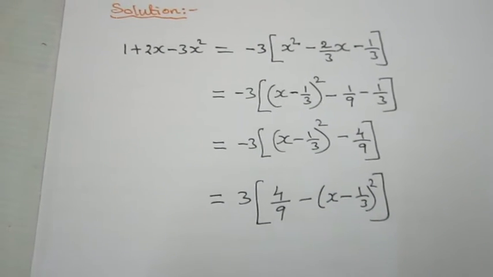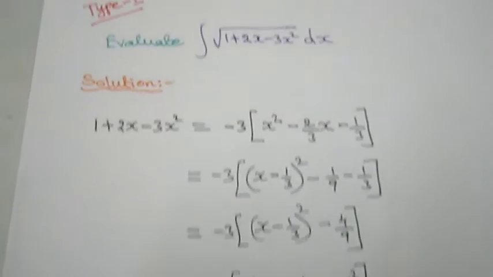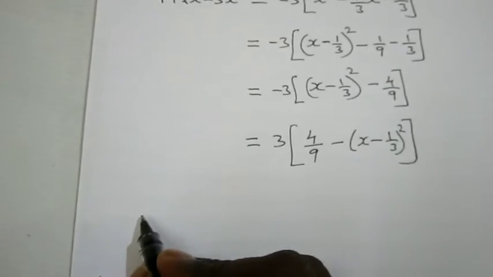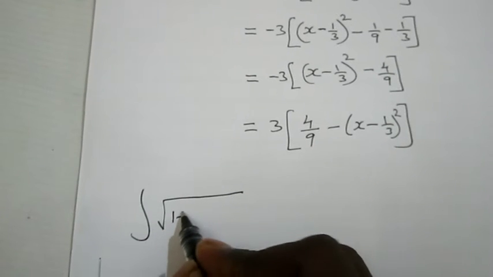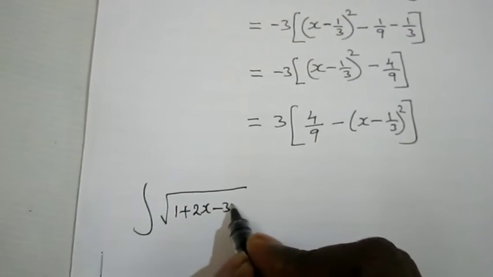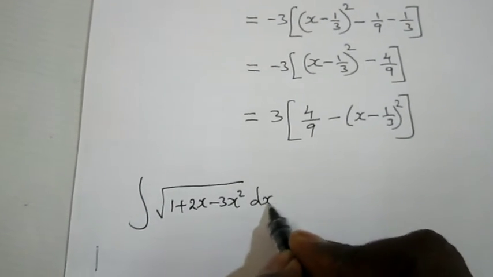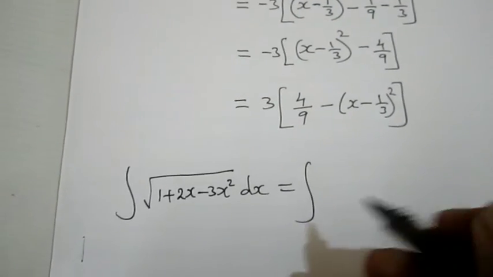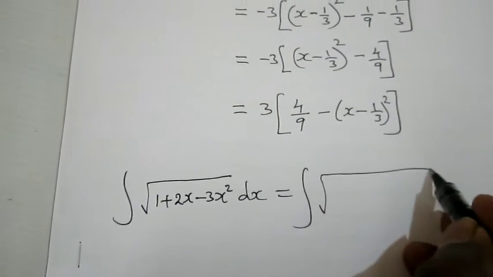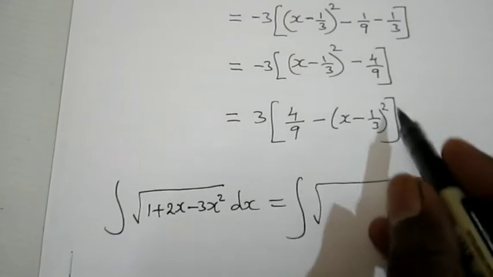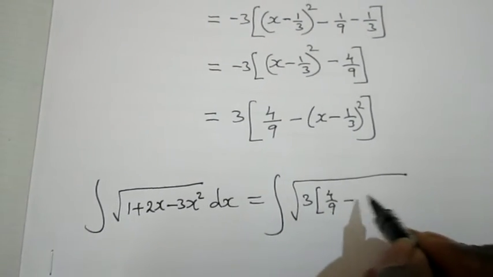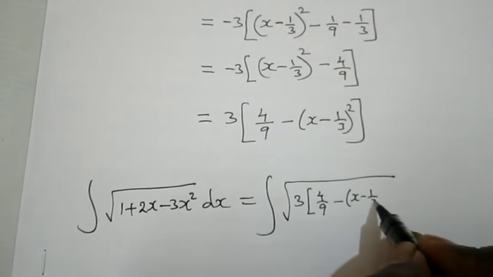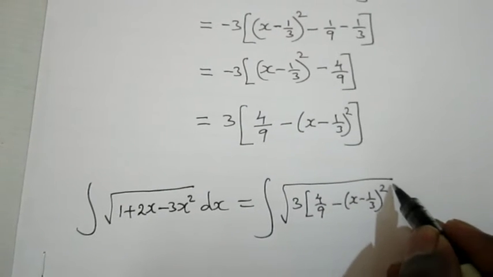Now I am going to substitute in the given integral. Okay, what is the given integral? This is integral root of 1 plus 2x minus 3x square into dx, which is equal to integral root of, the entire term is equivalent to this, so that 3 into 4 by 9 minus x minus 1 by 3 the whole square into dx.